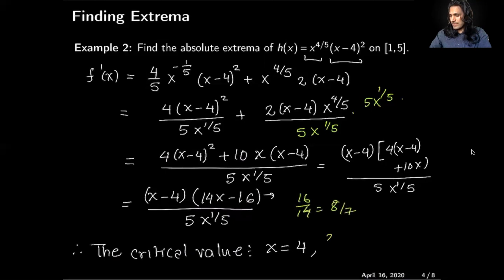So I will get 8 over 7 as one critical value. And if I put the denominator equal to 0, I would get a critical value 0. As you can see, 0 is not in the interval, because the interval starts from 1 to 5. So I will reject that critical value because it does not lie in the interval.